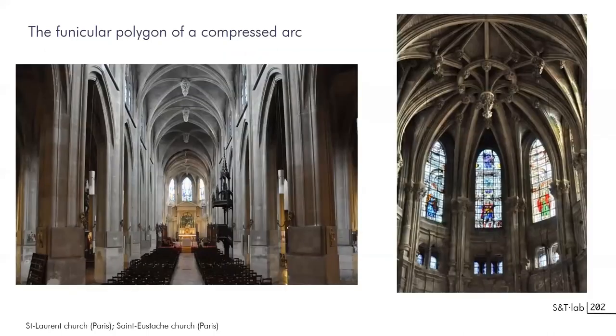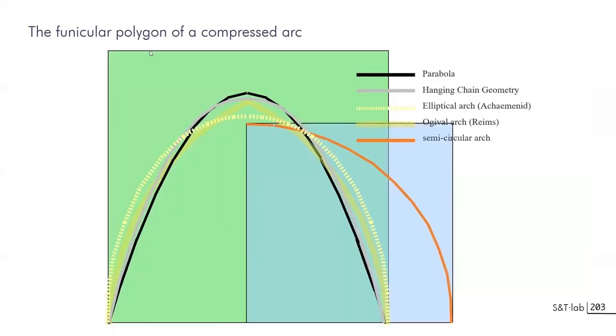So let's try to summarize about geometry. You see that graphic statics provides you a very efficient geometry, such as a parabola if you have a distributed loading on the horizontal, or, as a hanging chain, if you have a distributed loading around the system. You can see that in history, you will have very few examples of a parabola.